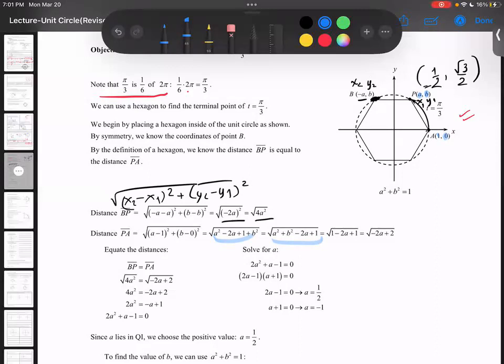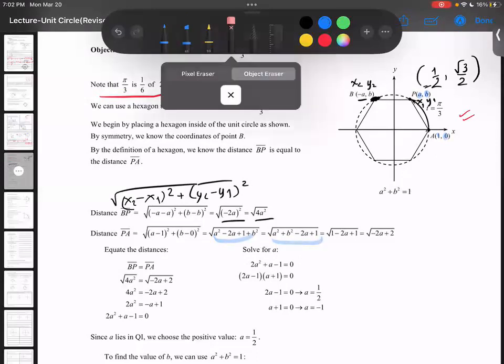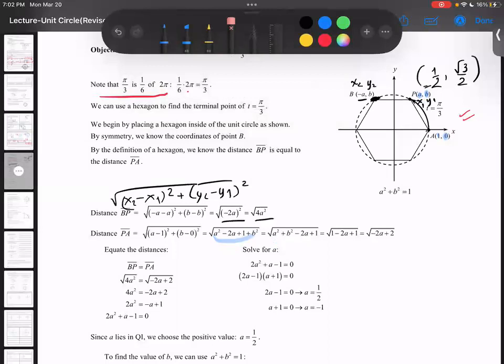A squared plus b squared is 1, because it's on the unit circle: x squared plus y squared equals 1 if the point is on the unit circle. So this part equals 1, and we get minus 2a plus 2.